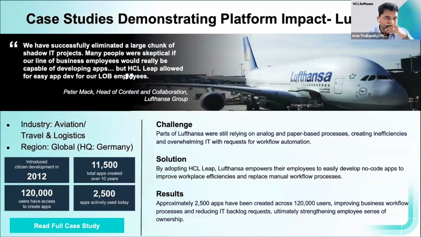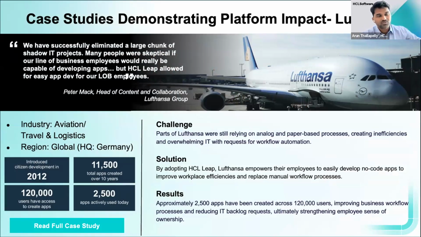So the proof is in the pudding, right? A use case that was done by Lufthansa, one of the biggest airlines in Europe, where there are a lot of paper processes in how they tackle logistics, and of course aircraft maintenance.